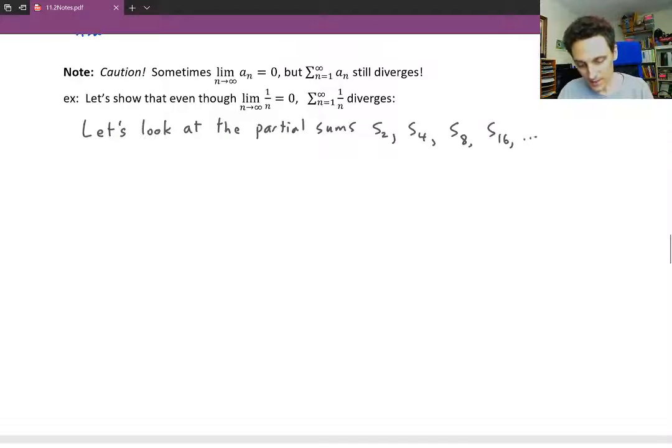So s sub 2 means the sum of the first 2 terms of this 1 over n series. That would be 1 plus 1/2. Right? Plug in n equals 1, and you get 1 over 1, which is 1. Then plug in n equals 2, and you get 1 over 2. Add those 2 terms up, and you've got the partial sum, the sum of the first 2 terms.